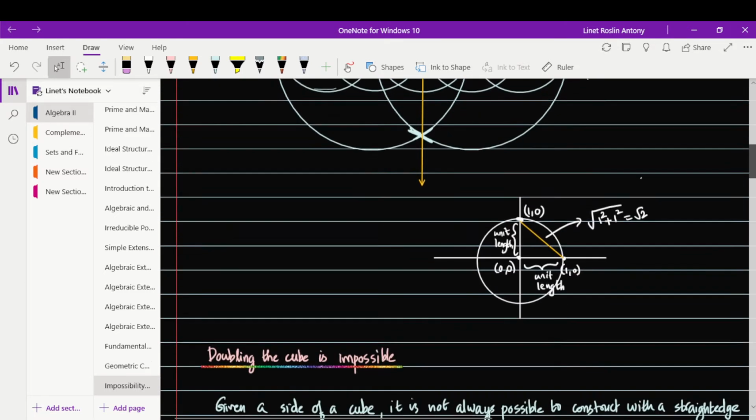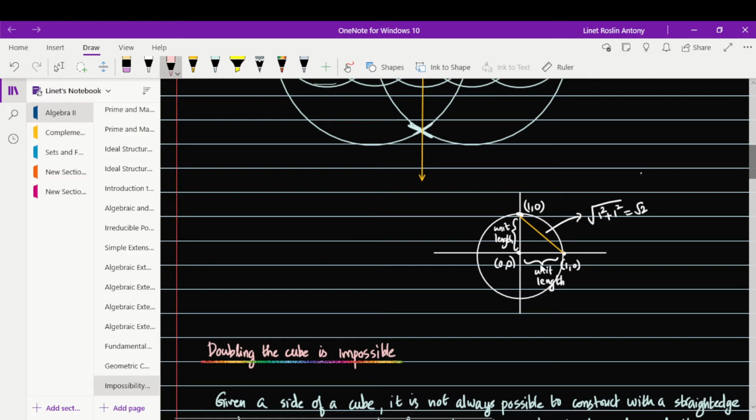Here you can understand that the distance between 0, 0 and 1, 0 is 1. And you can draw a line from 0, 1 to 1, 0. And what will be the length of that line?